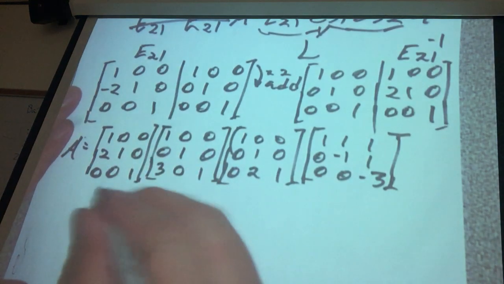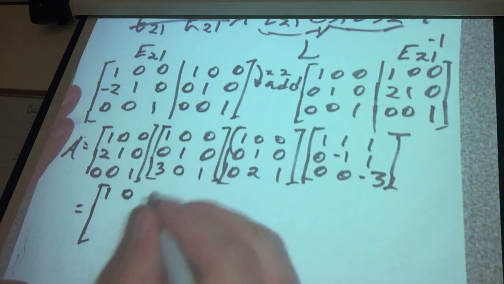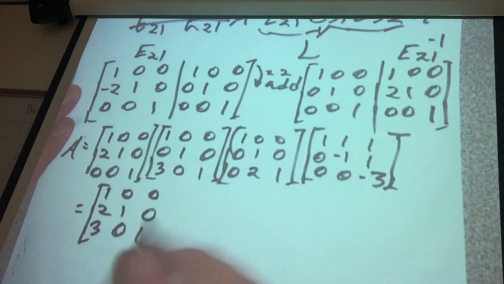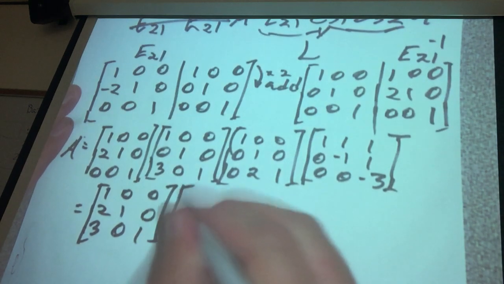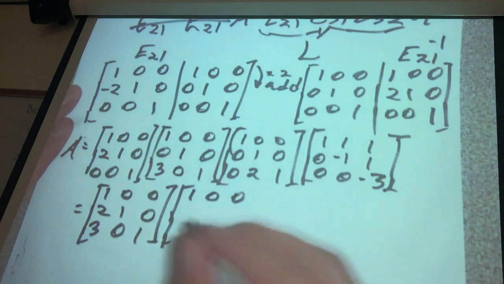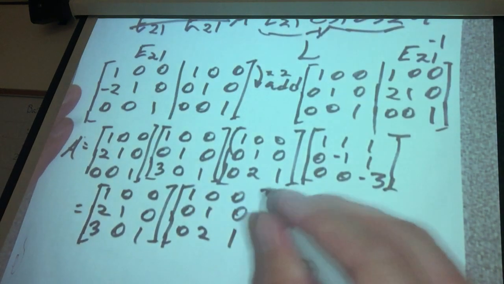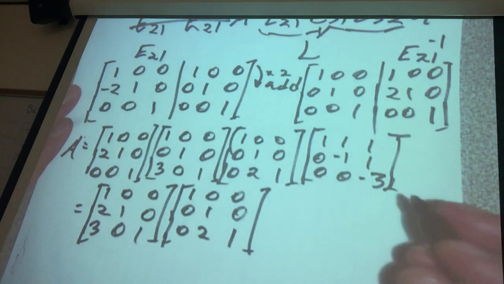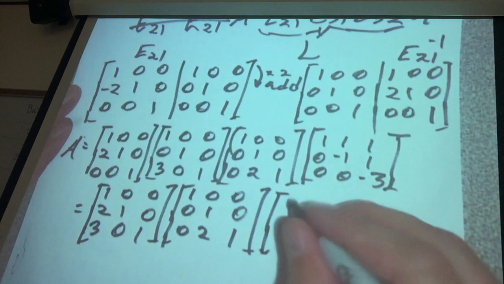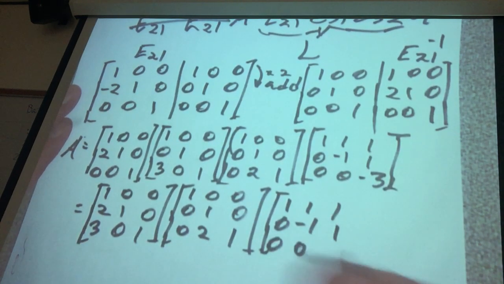If I multiply this together, the first one I'm going to get is 1, 0, 0, 2, 1, 0, 3, 0, 1, now acting upon 1, 0, 0, 0, 1, 0, 0, 2, 1. And then this is going to have to act upon 1, 1, 1, 0, negative 1, 1, 0, 0, negative 3.